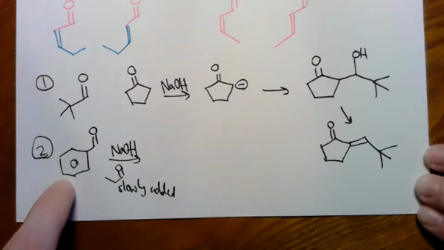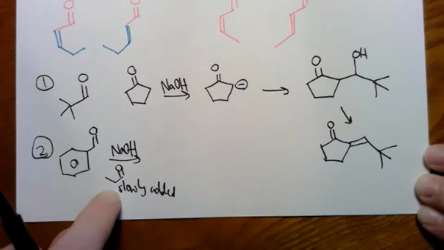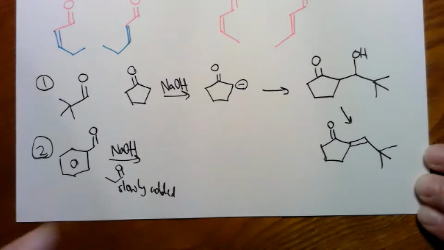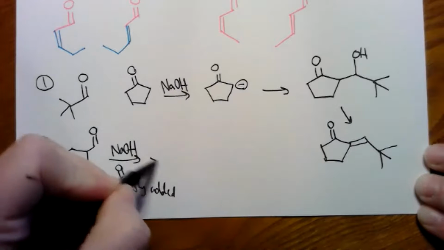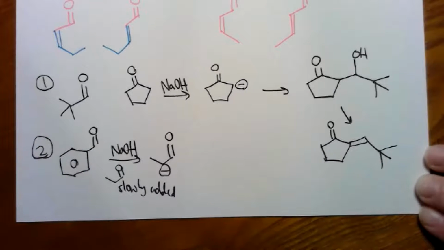Okay, let's make it up. So an aldehyde that has no alpha hydrogens in base, and slowly add an aldehyde that does have alpha hydrogens. Who's going to become the enolate? The aldehyde that does have alpha hydrogens.